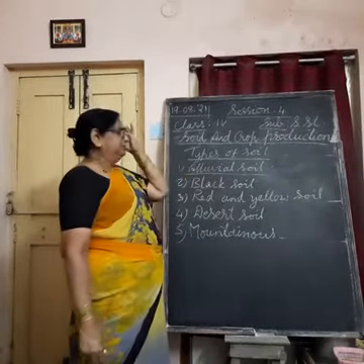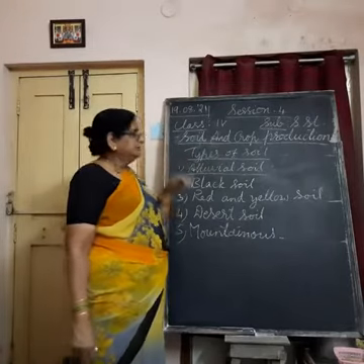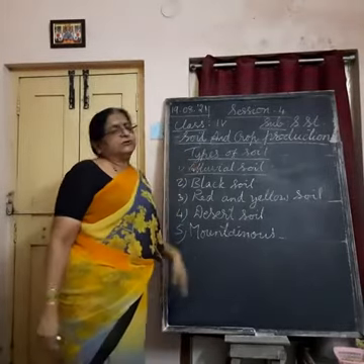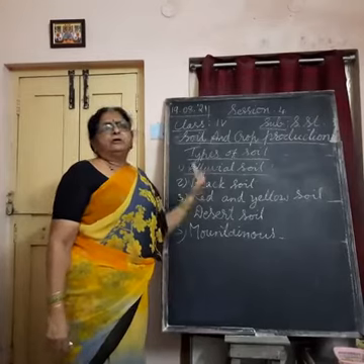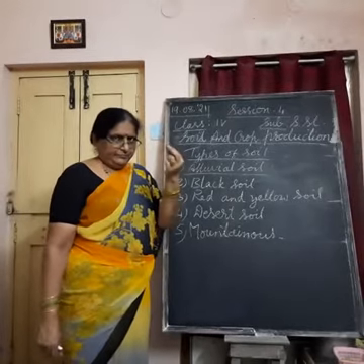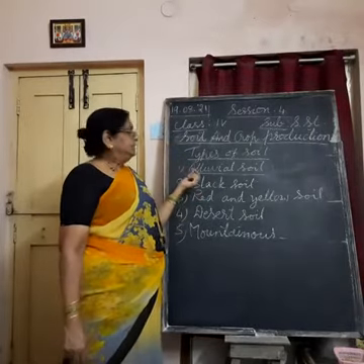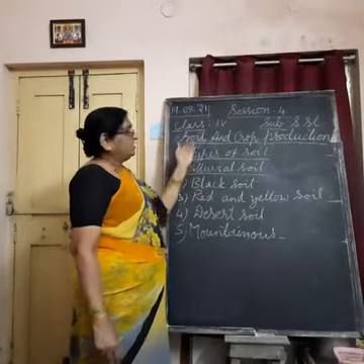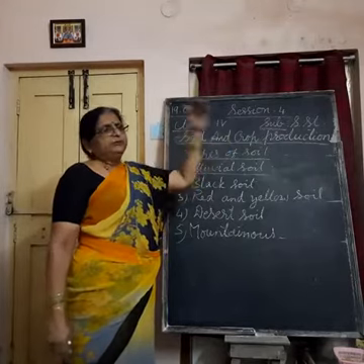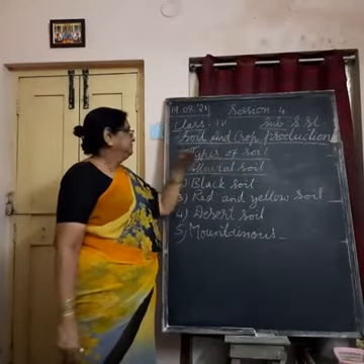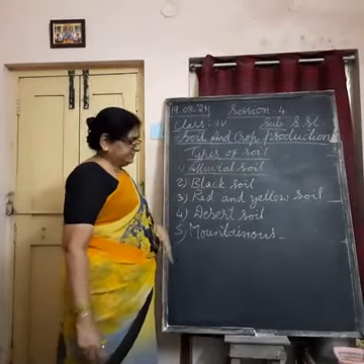And now next what we are going to learn is where these soils are found and how is their texture, what are the components, how they are formed, and what types of crops are grown in these soils.